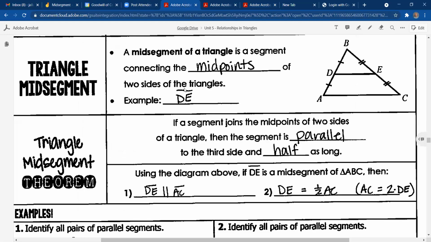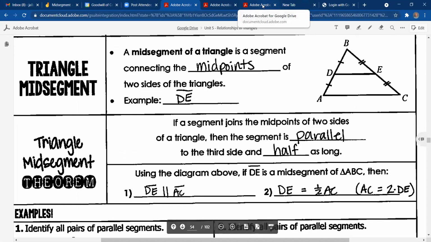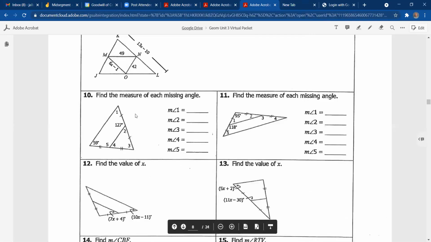Look back at the rules here. In the theory, look at rule number 1. The mid-segment line is parallel to the side of the triangle it's opposite. What do we know about parallel lines?